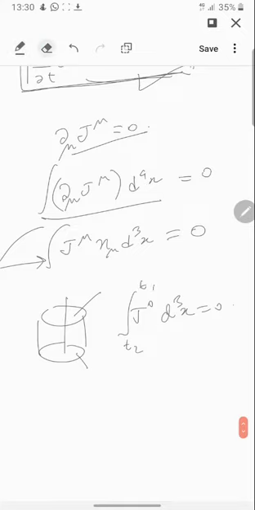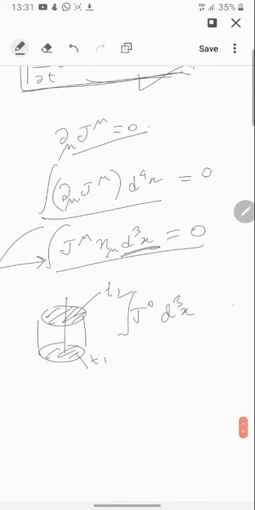Sorry, this notation is a bit wrong. What I meant is, if this is 0, we can think of this as a 3 surface integral d3x on the upper disk at T2, the lower disk at T1, and the sideways cylindrical surface, which is at spatial infinity and so will not contribute. So, the integration will be J0 d3x at T2 minus J0 d3x at T1.